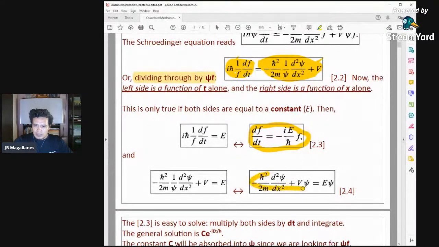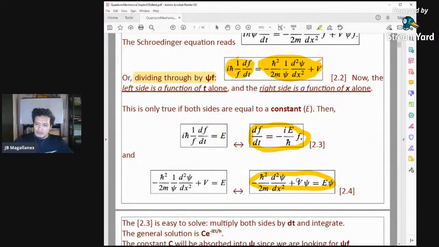This one is another expression, and it is called the time-independent Schrodinger equation. Look, this is the momentum or the kinetic energy operator here, operating on phi. This is p squared over 2m, which is the kinetic energy.